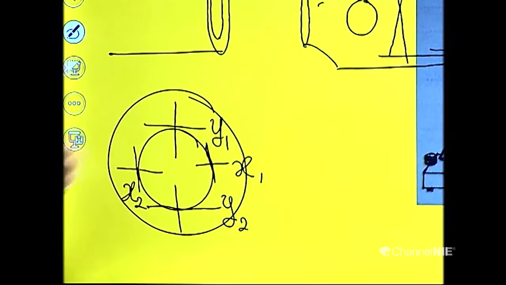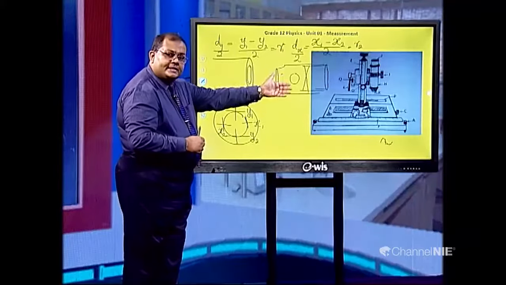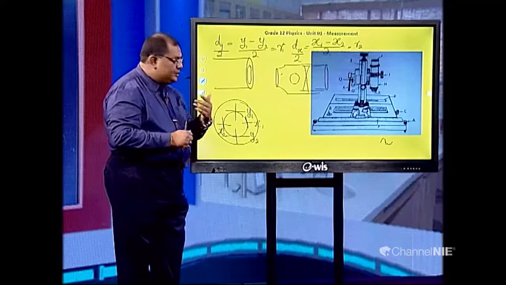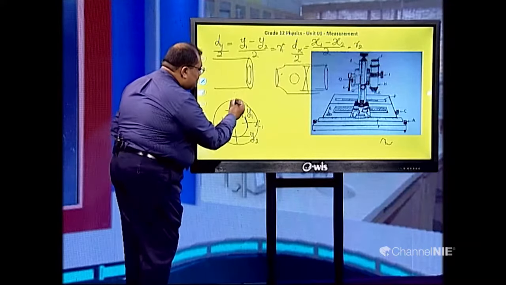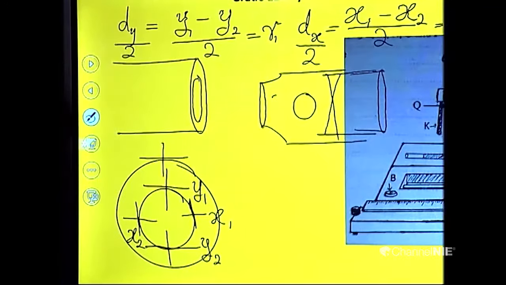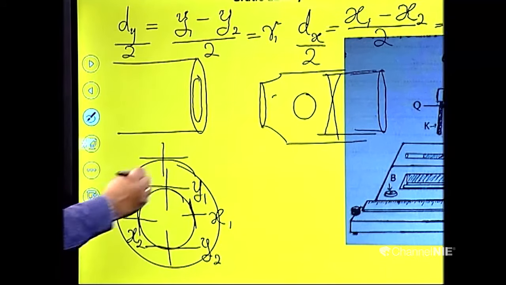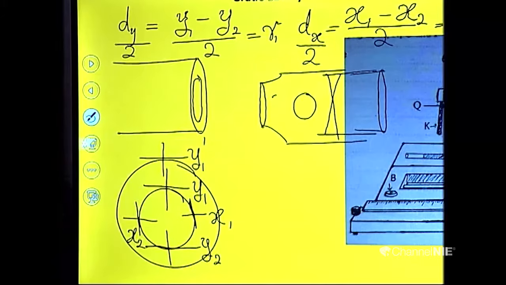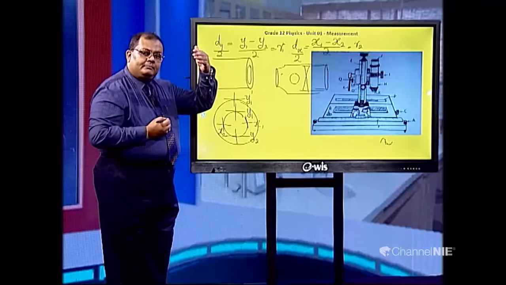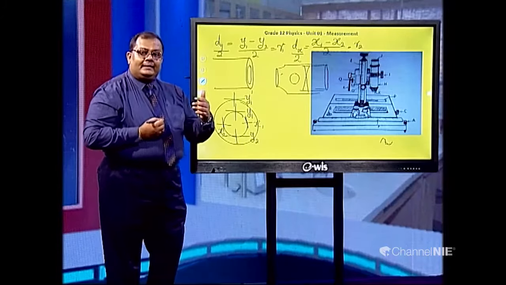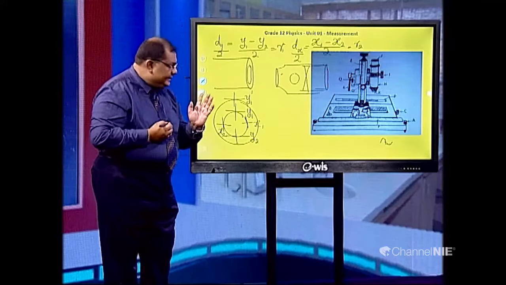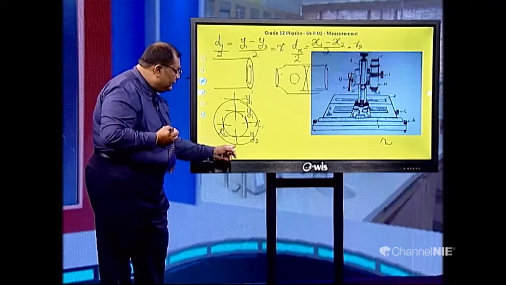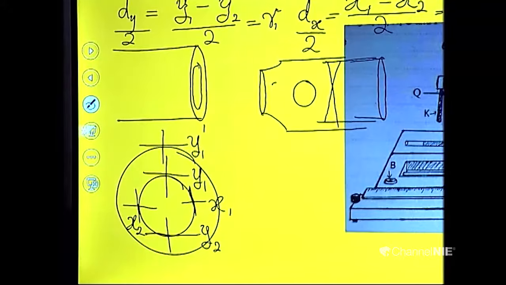Then again you have to move this microscope vertically to focus it at this edge. Then you can take again y1 dash, and move the microscope down until that horizontal wire and vertical wire come to the lower edge of the tube.